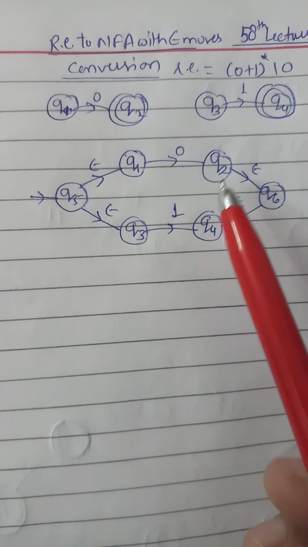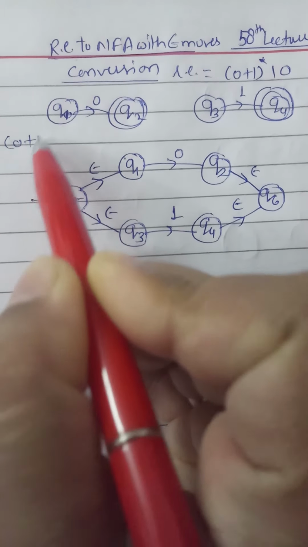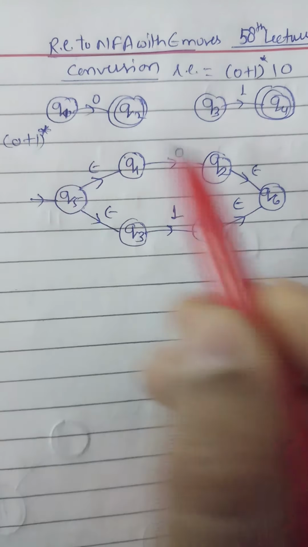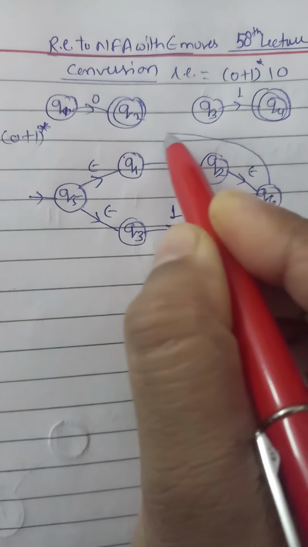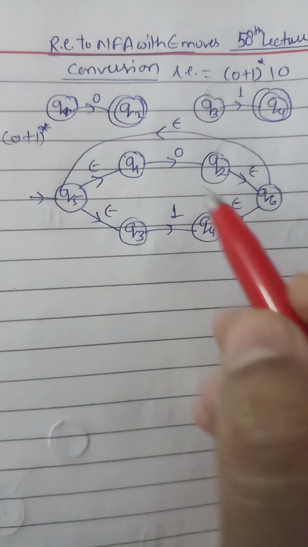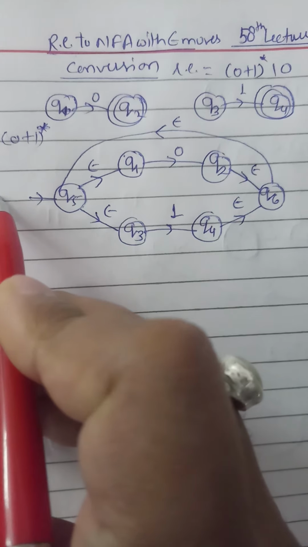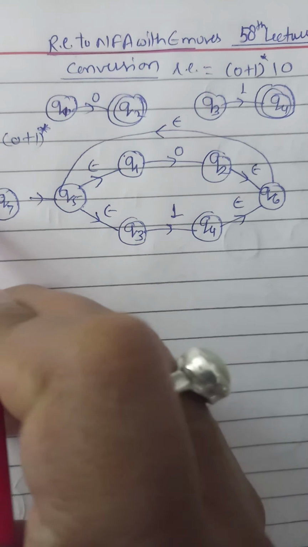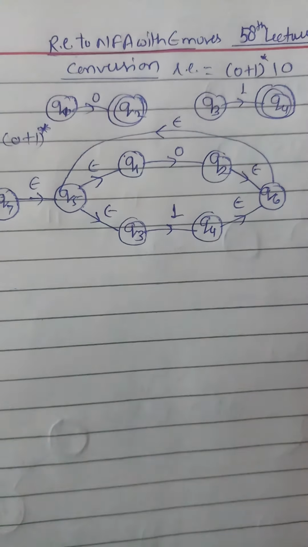Now we want to make (0+1)*. How will we make it? From the final to the initial state there is an epsilon move, and we add another state which will be the new initial state, combined with an epsilon move.